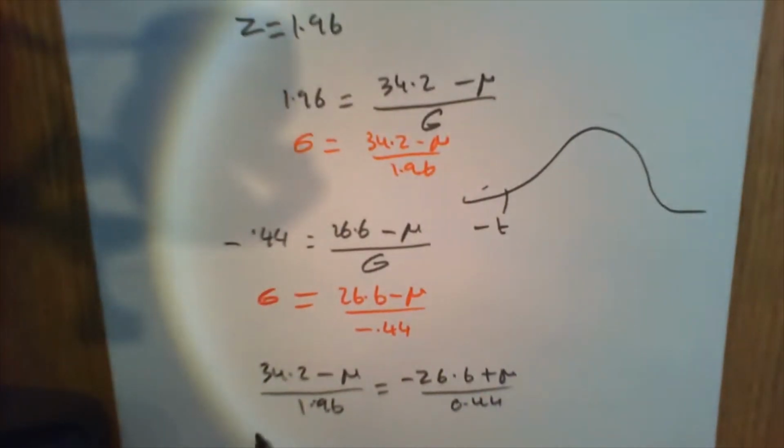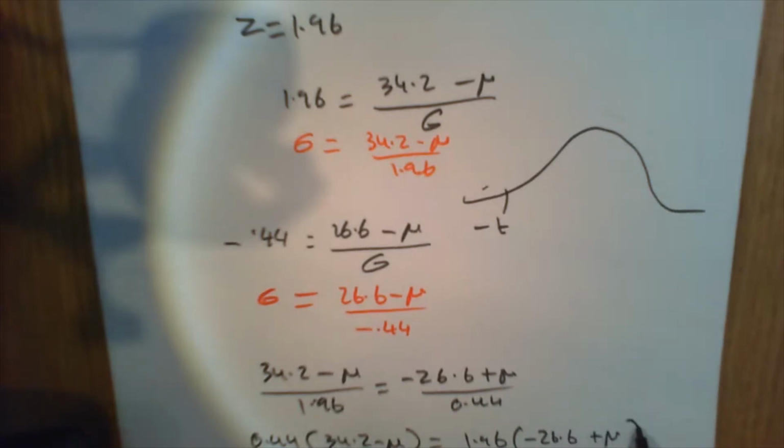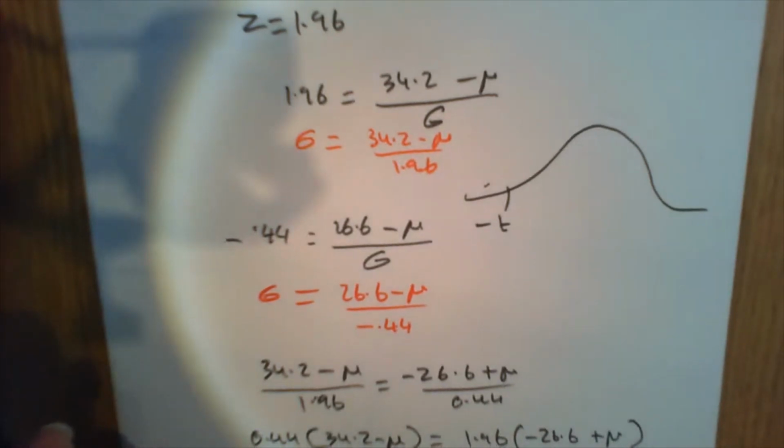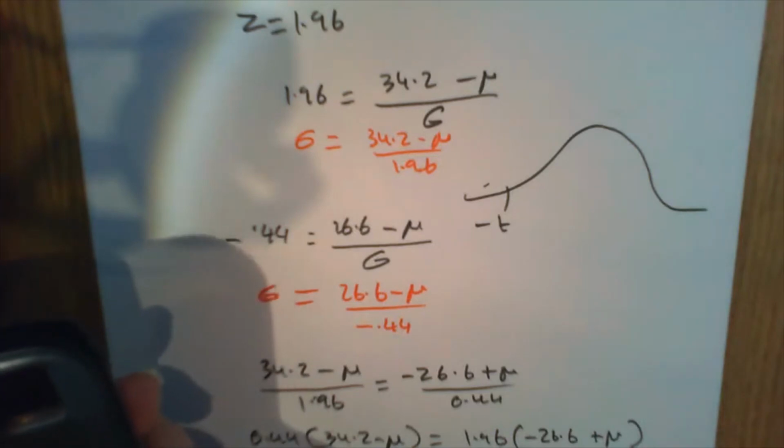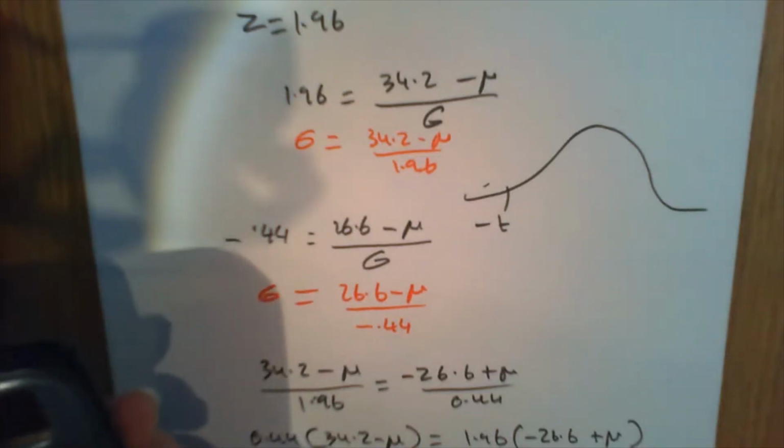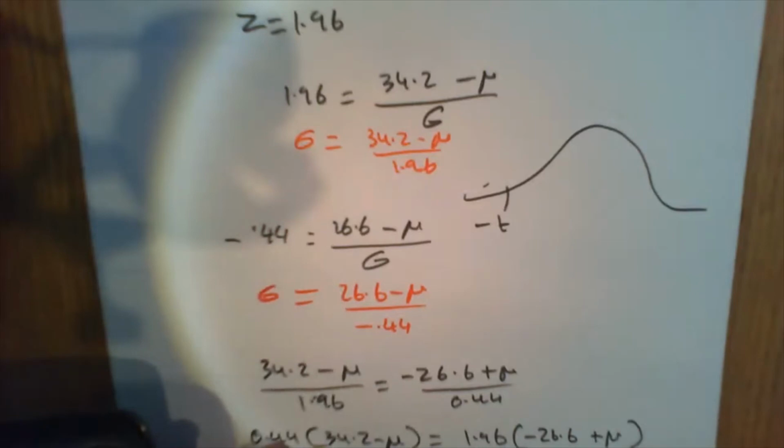It's going to be a bit of a hassle, but that's 0.44 times 34.2 minus mu equal to 1.96 times minus 26.6 plus mu. So 34.2 by 0.44 is 15.048 minus 0.44 mu equal to 1.96 by 26.6, minus 52.136 plus 1.96 mu. Bring the mu's to one side.